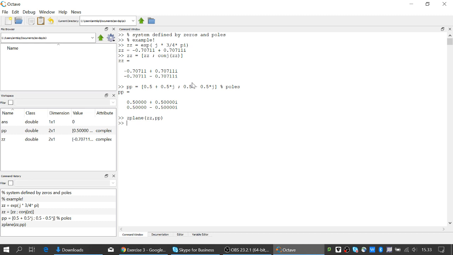The inverse operation for roots is poly. Okay, so let's calculate first the A's. System coefficients are the polynomial coefficients defined by our poles.